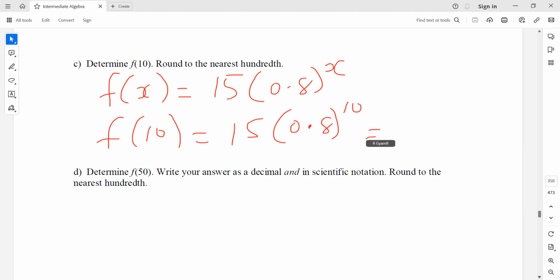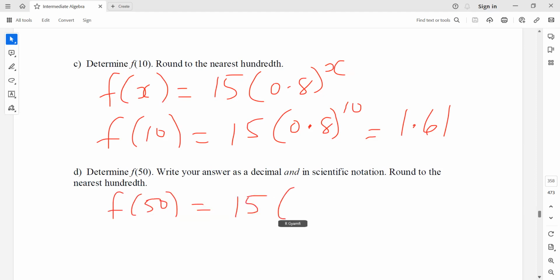And that should give you 1.61. Now, what about D? D says determine f of 50. Again, you do the same thing. F of 50 will be equal to 15 times 0.8 to the power 50. And that should give you 0.000214. That's what you should get, okay?